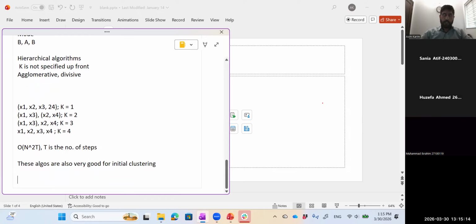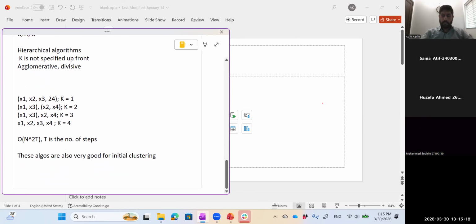ओके अब इसमें कुछ दो तीन इंपॉर्टेंट चीजें that we will need to discuss. एक तो ये है कि I said that at every step we need to decide which two clusters to merge. So we need to have a merging criterion.